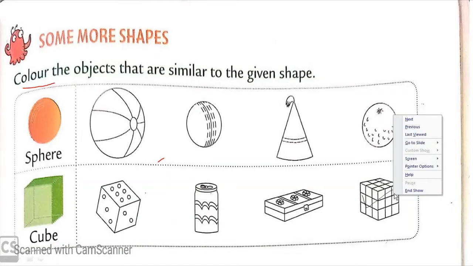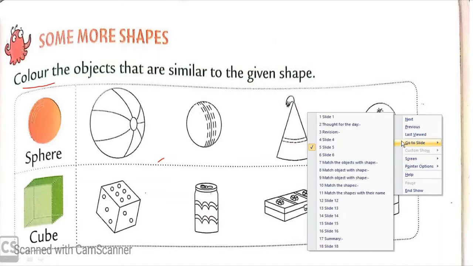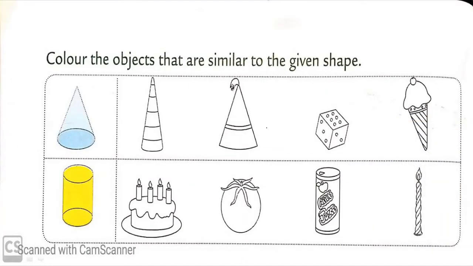So now what we have to do? Color the objects that are similar to the given shape.